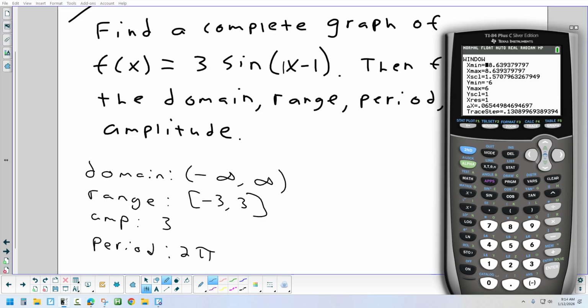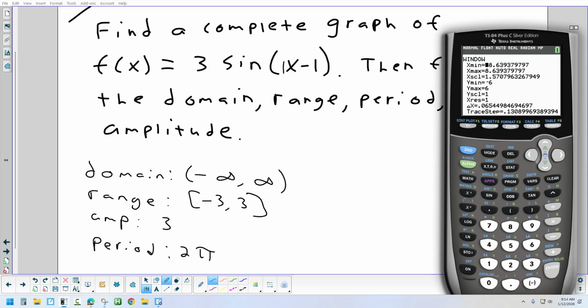Okay, how long is one cycle of this graph? One cycle, 2 pi. So how long would 2 cycles be? 4 pi.